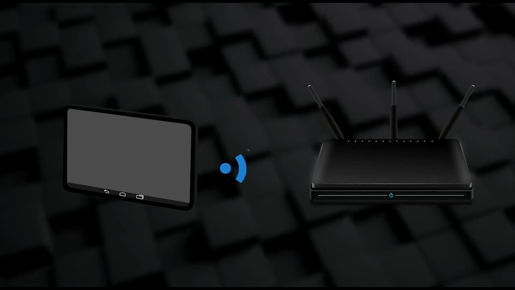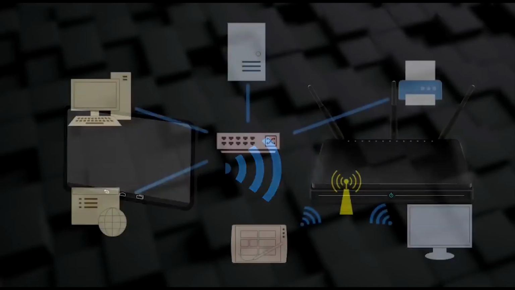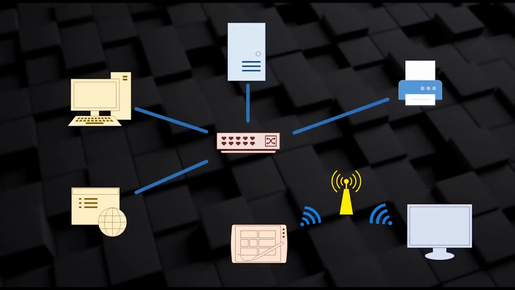The access point is like a switch without cables. More than one device can connect to the access point over time, but without the messy cabling. The access point can also be connected to the switch with a cable. This way, wired and wireless devices can all be part of the same network.